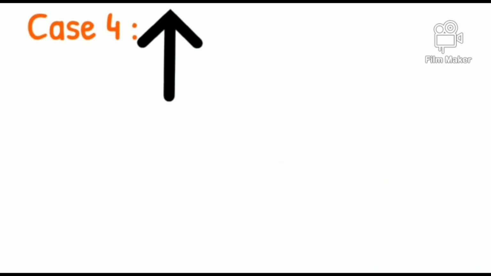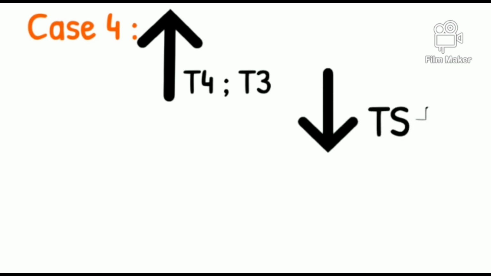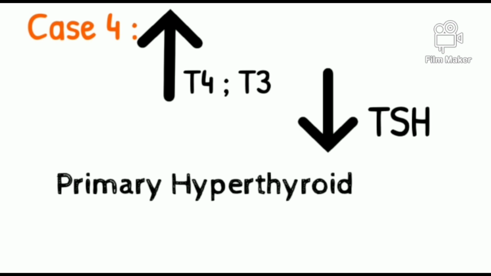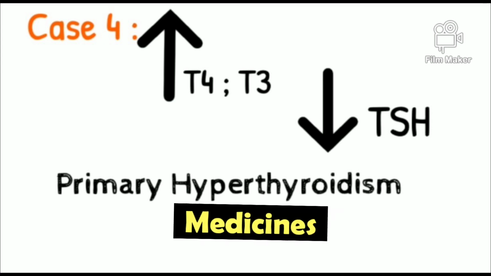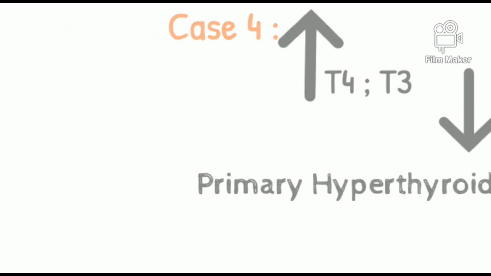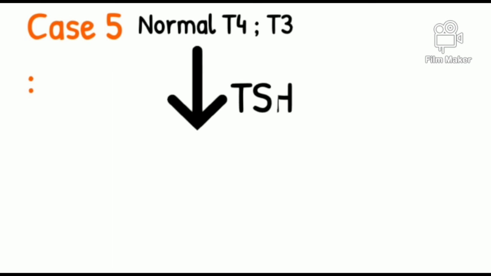In case 4, we can see that T3, T4 levels are increased, but TSH levels are reduced. So we can say that it is primary hyperthyroidism. In these conditions, doctors will advise certain medications to control the hyperthyroidism. And in case 5, T3, T4 levels are normal, but TSH levels are reduced.